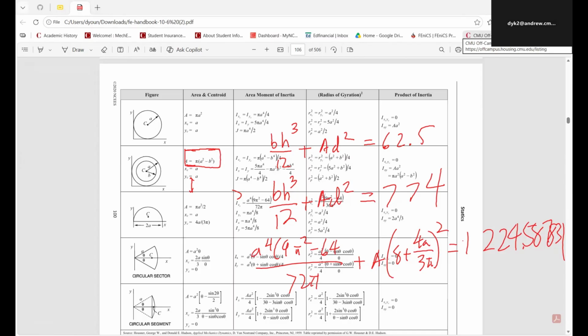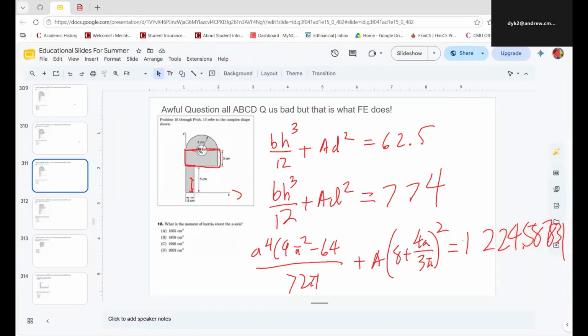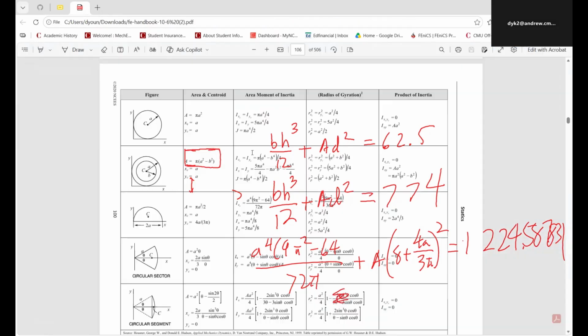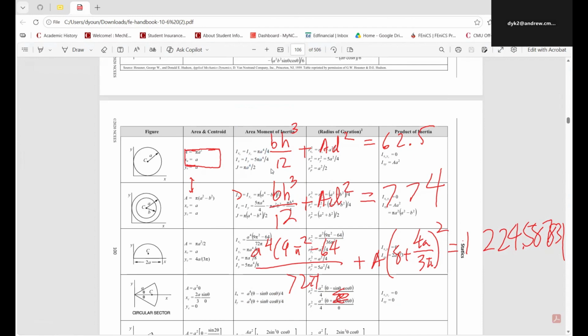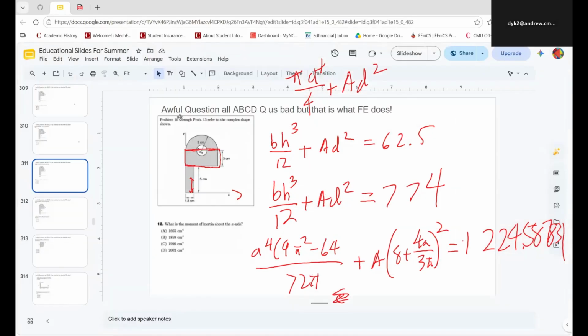Now we have one last one, region 4, which is basically a hole in the middle. So that's a negative area, so we're going to say that was a negative, so we can still do it. It is done over here by looking at this one. We're going to just say pi a4 divided by 4 plus Ad squared. We know that is pi r squared with the area.